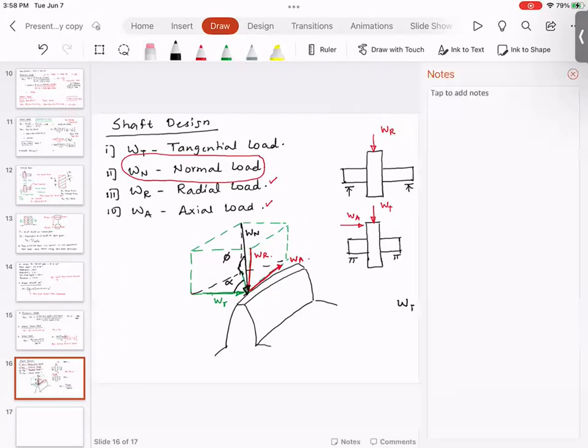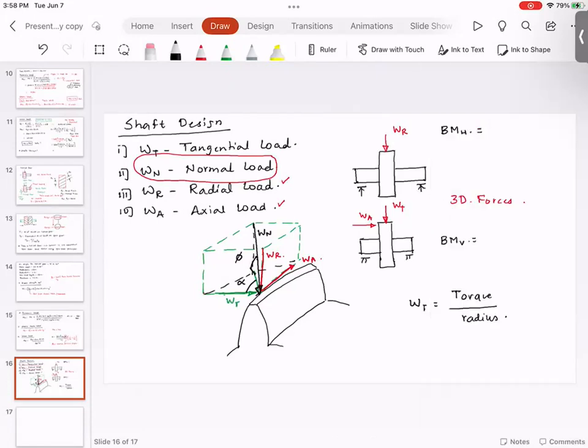Then please understand, in this particular case, we have the torque. So we find out the total bending moment: BM resultant is equal to the square root of BM horizontal squared plus BM vertical squared.